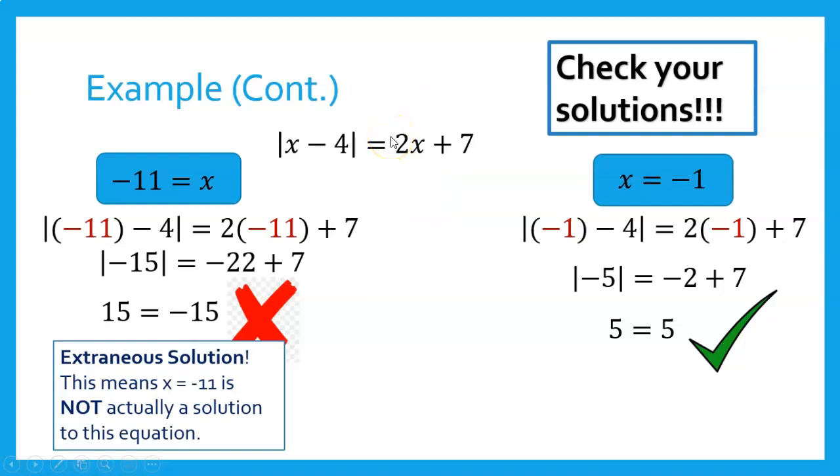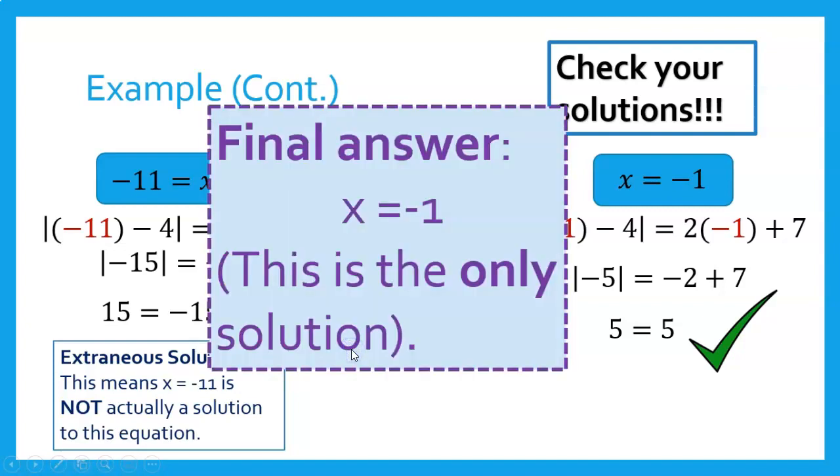So in this case, when I did the work, I ended up with 2 solutions. When I checked my answer, one of those 2 solutions was extraneous, meaning it is not actually a solution. Therefore, the final answer for this problem is x equals -1. That is the only solution. So this absolute value equation ended up having only one solution.